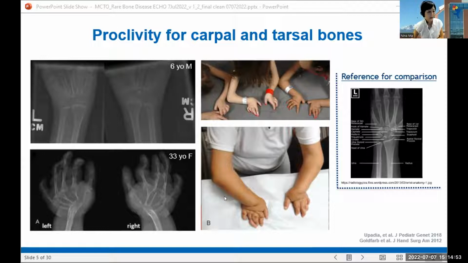When these patients with MCTO are examined clinically at the hands and their wrists, they can demonstrate this ulnarization of the wrist where the hand is deviated towards the ulnar side of the wrist. And at the metacarpophalangeal joint, which is at the base of the fingers, there's a hyperextension that can be seen. You can also sometimes appreciate a tapering and slender appearance to the distal ends of the phalanges.